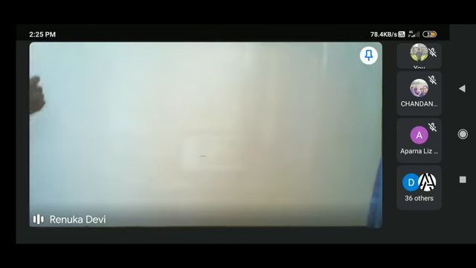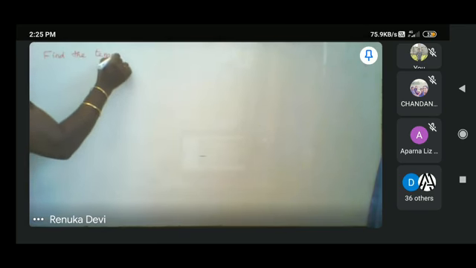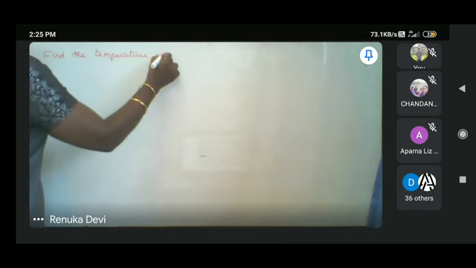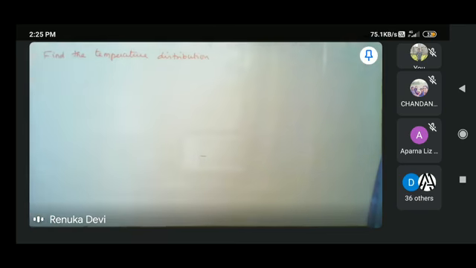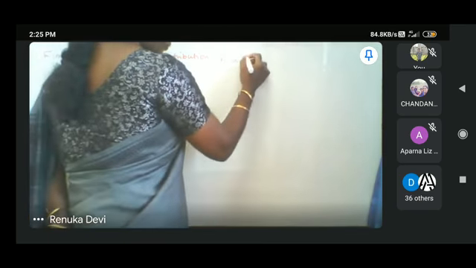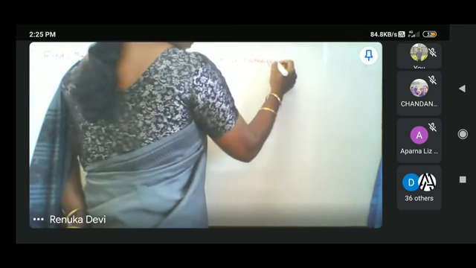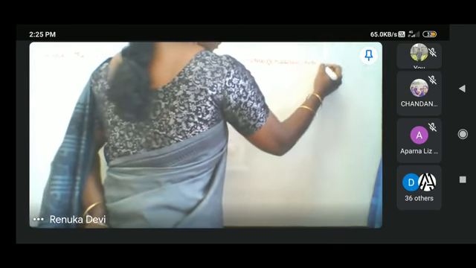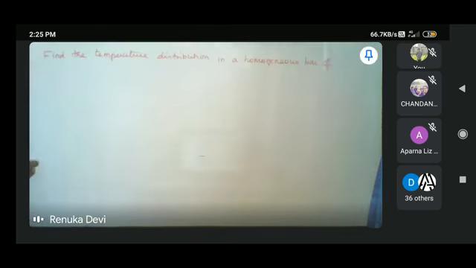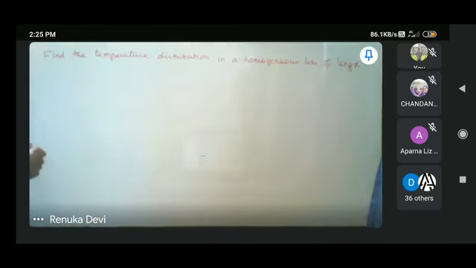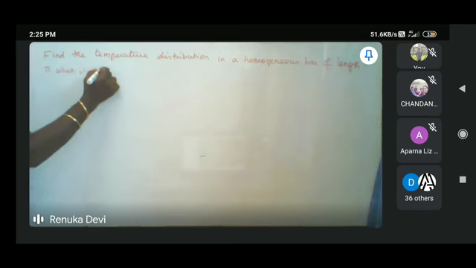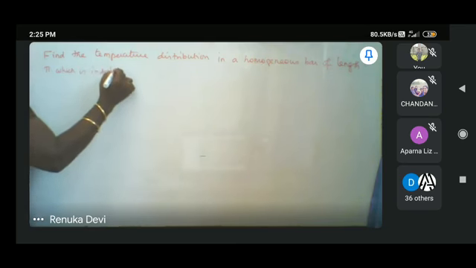Find the temperature distribution in a homogeneous bar of length pi, which is insulated laterally.